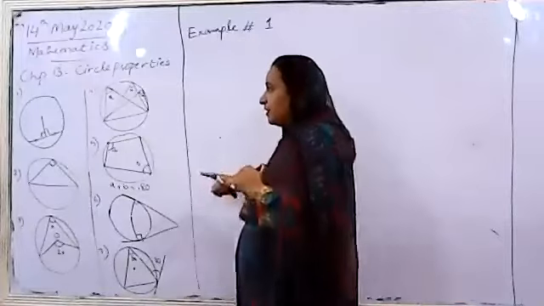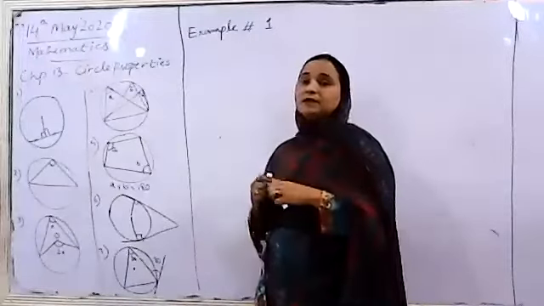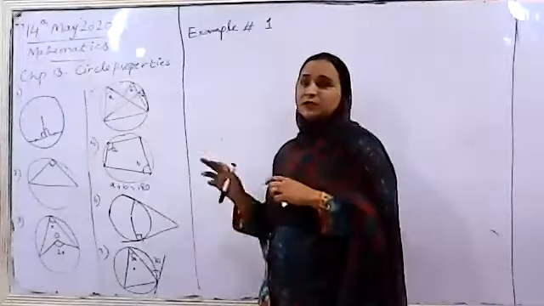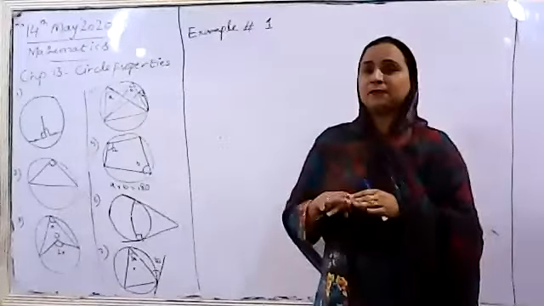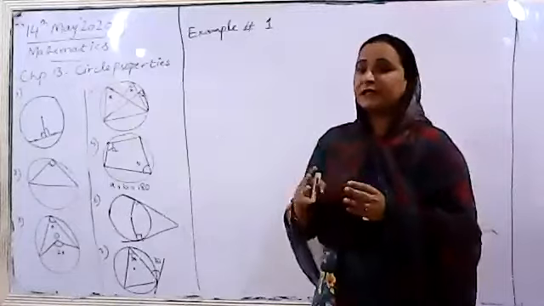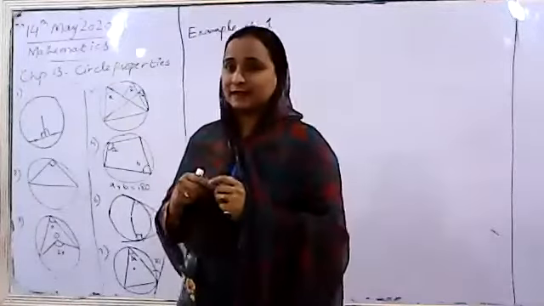This is your revision class for circle properties because you have done it in your session 1 O2 class, where you have done this chapter in detail, chapter number 13 from your book 3. And today I am going to wrap up this chapter, and we will be taking up the other chapter in my next class.